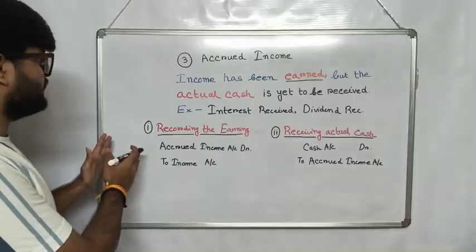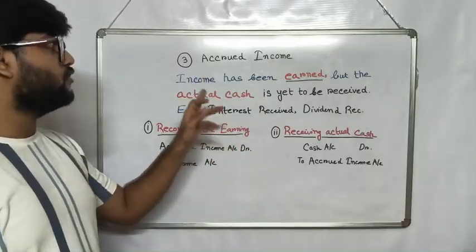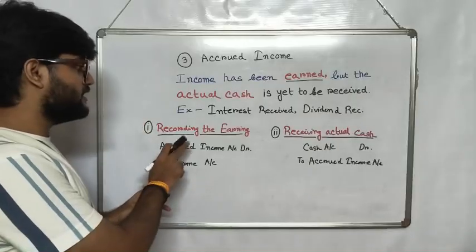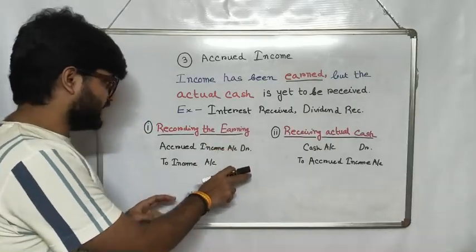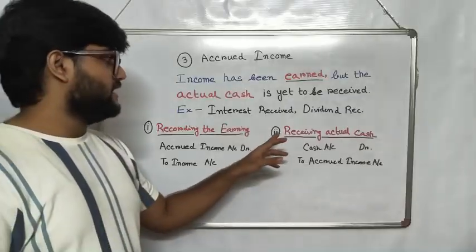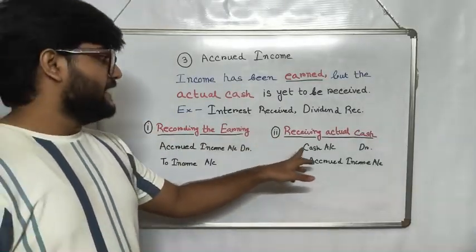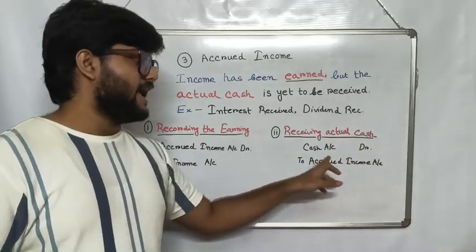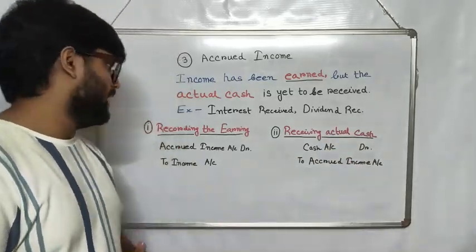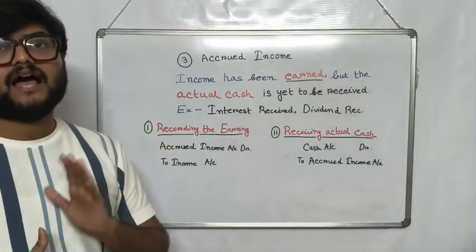So the first journal entry of recording the earning, the accrued income, is accrued income account debtor to income account. Now when you receive the actual cash, the journal entry will be cash account debtor to accrued income. Now we will take an actual real life example so that you can understand better.